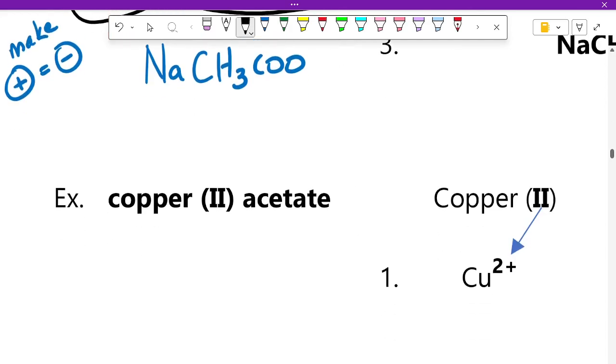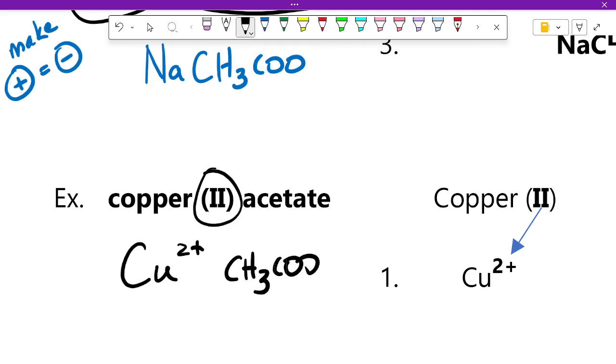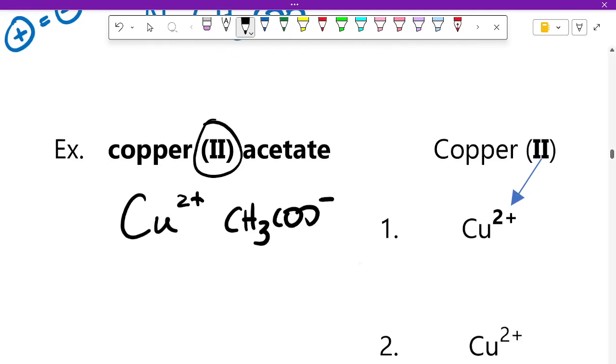Watch this. Copper 2, Cu2 plus. And then we have acetate, which we just looked up, which was CH3COO minus. Do those two equal? No. What do we need more of? We need more CH3COO. And remember, when it says minus, that means minus 1.